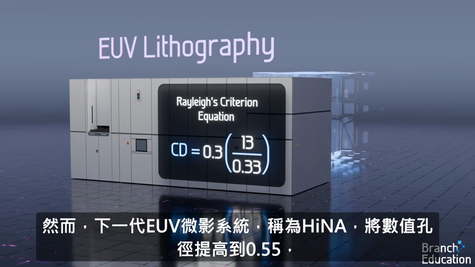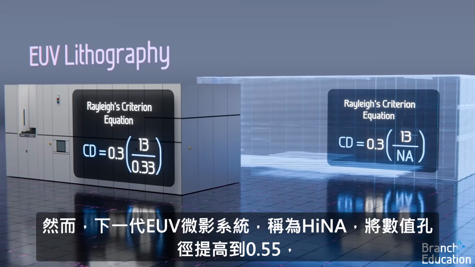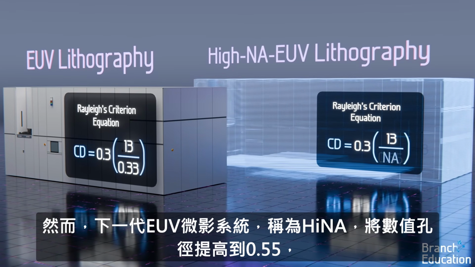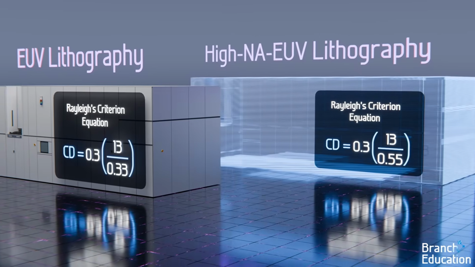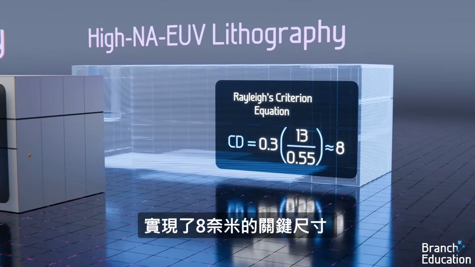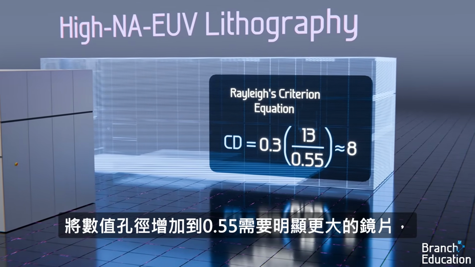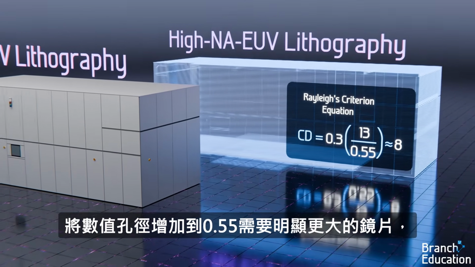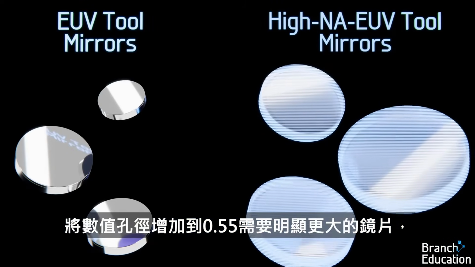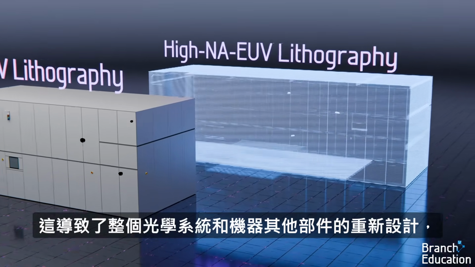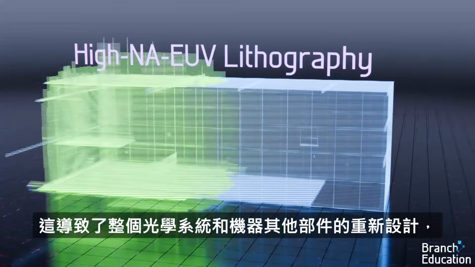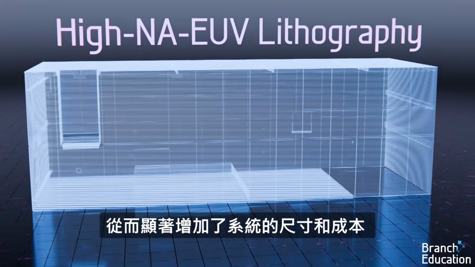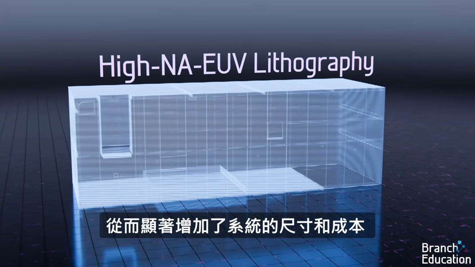However, the next generation of EUV lithography systems, called high NA, increases this to 0.55, resulting in an 8 nanometer critical dimension. Increasing the numerical aperture to 0.55 requires significantly larger mirrors, which results in a redesign of the entire optics system and other parts of the machine, thus considerably increasing the size and cost of the system.